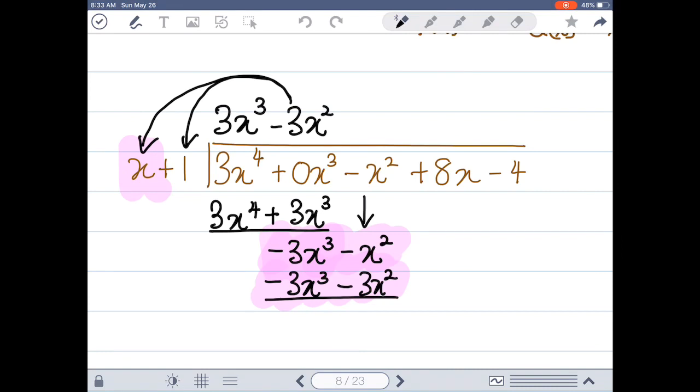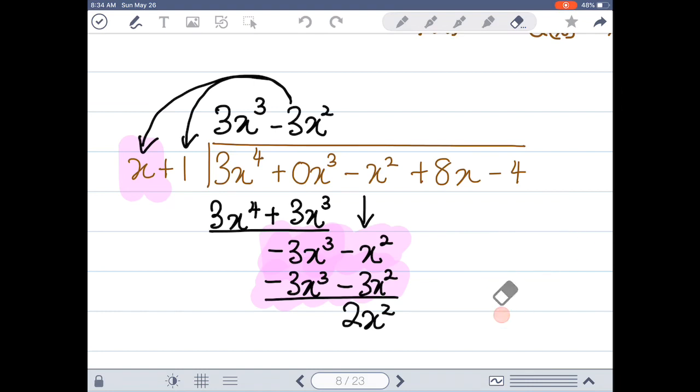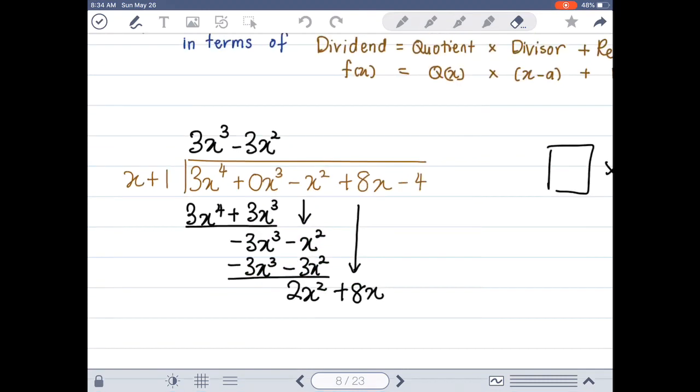Next will be negative x squared minus minus 3x squared, which is just negative x squared plus 3x squared. Easily see that becomes 2x squared. So here becomes plus 2x squared. And we bring down the next term, plus 8x. Again, we will do the same process.